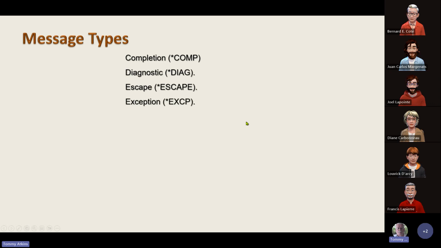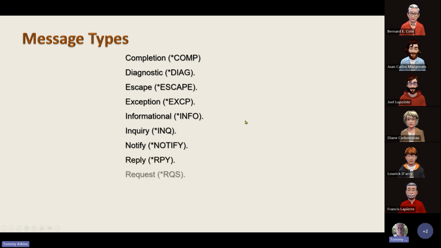But we also have exception messages, information messages, inquiry messages, notify messages, reply messages, request messages, senders copies, and scope messages. Just really to confuse you and to make life difficult.